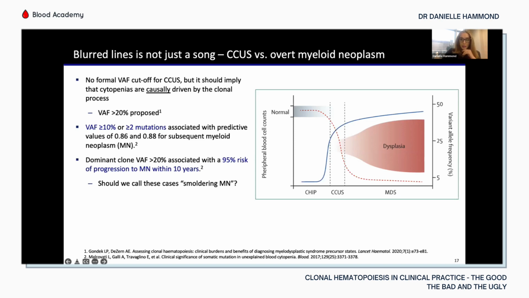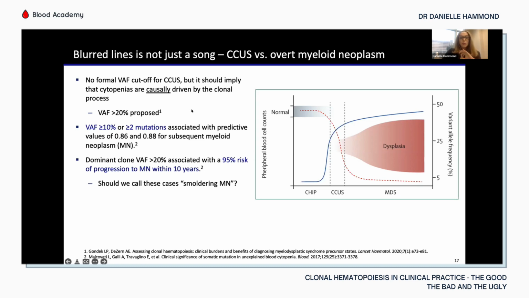And I suspect for some of these cases of CCUS one day, the WHO diagnostic manual might change to reflect that and possibly not require that burden of dysplasia to be seen before calling this, for example, lower risk MDS. But that's just my speculation.